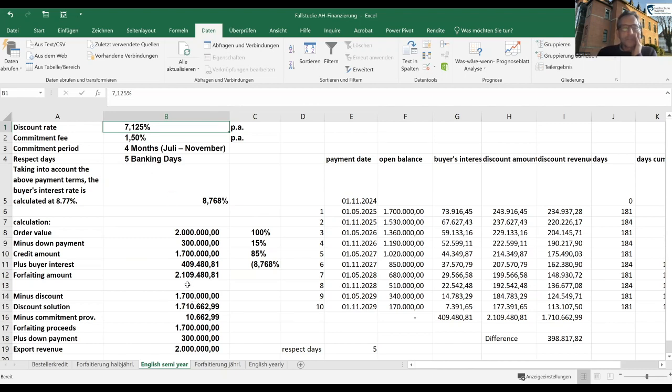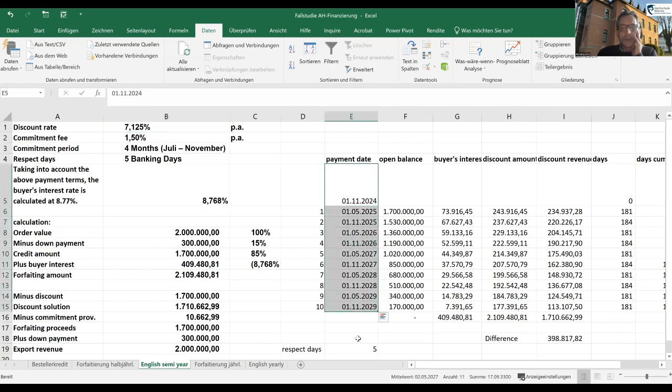But at least what we have seen here is that you have the chance to do the forfeiting or selling the amount to be forfeited of 2,109,000 with a discount of 7.125. And now let's have a look here.